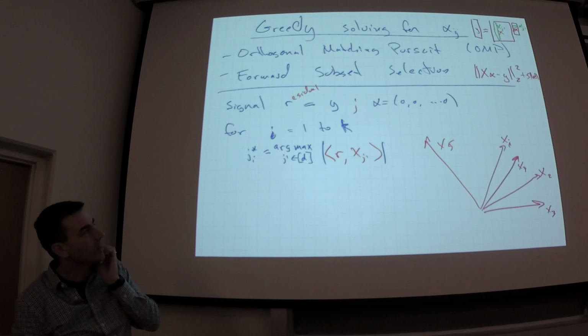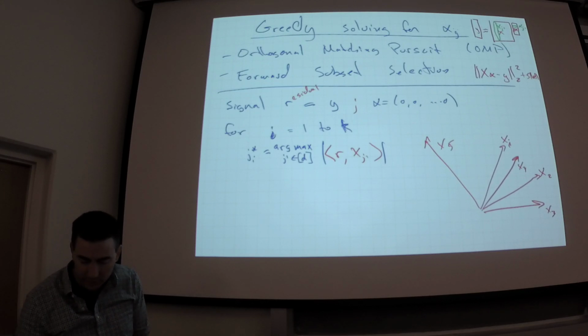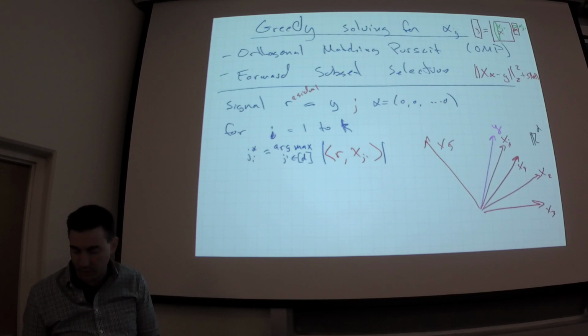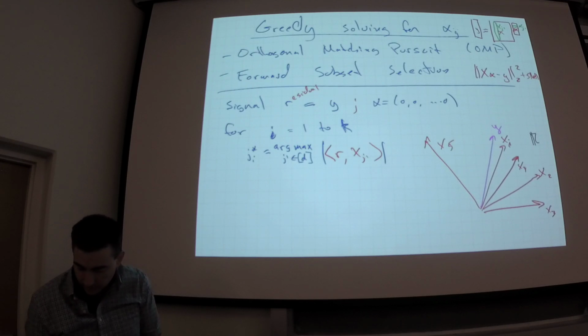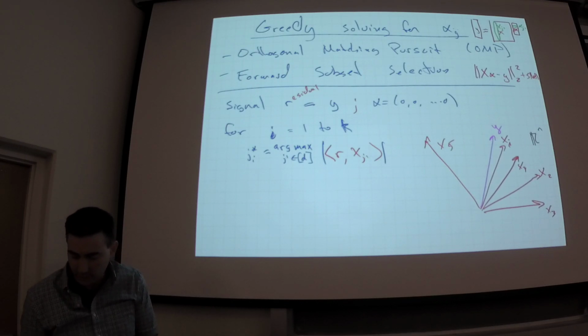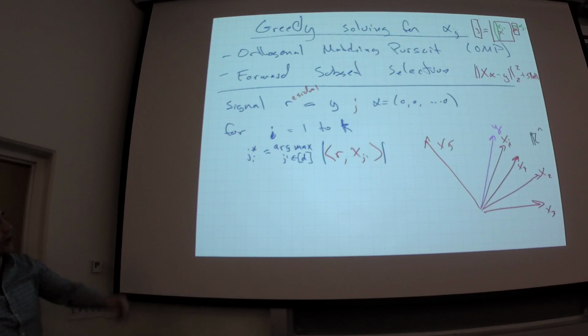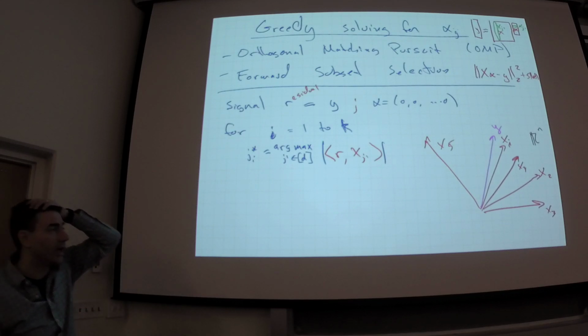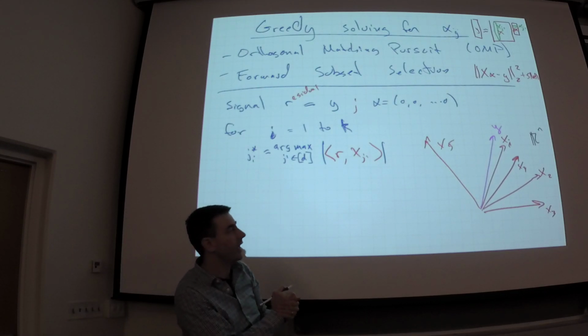These columns are going to be correlated with the signal y if the dot product is large. Now if I drew the signal y here as another vector, this is all in the space Rn.